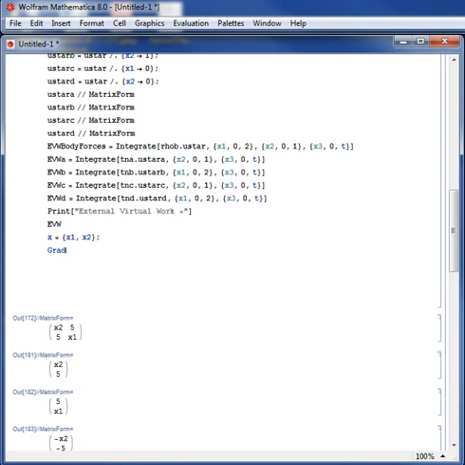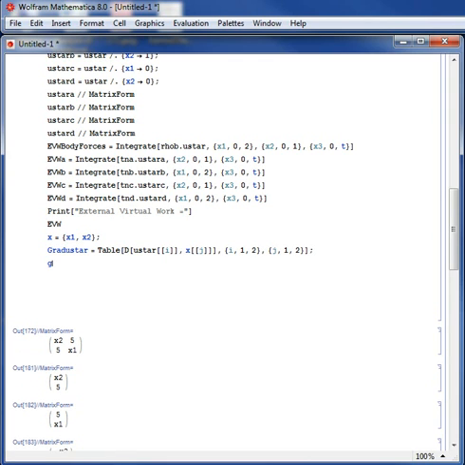The gradient of u star is equal to the table of partial u star i with respect to small xj, where i is from 1 to 2 and j is from 1 to 2, and here's the gradient of u star in matrix form.